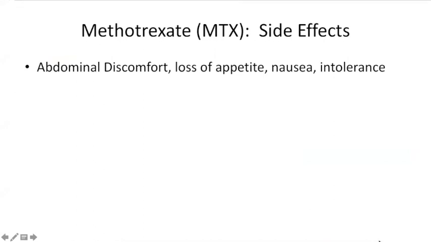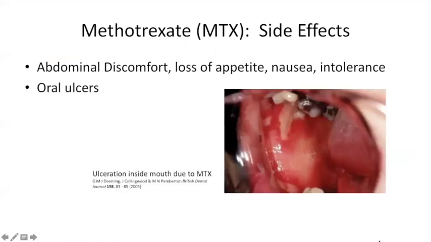At least part of the reasoning we think behind some of these side effects is we know that the cells that line the stomach are some of the cells that are also rapidly turning over. Oral ulcers can happen, and we know that mucosa is also a rapidly turning over cell. And this is just an example picture, not very appetizing. And slow hair loss has also been described as a side effect of methotrexate.